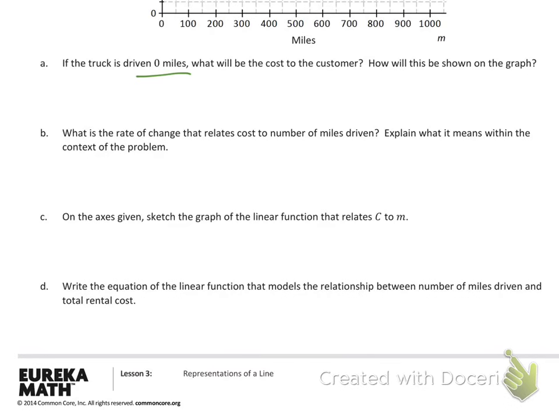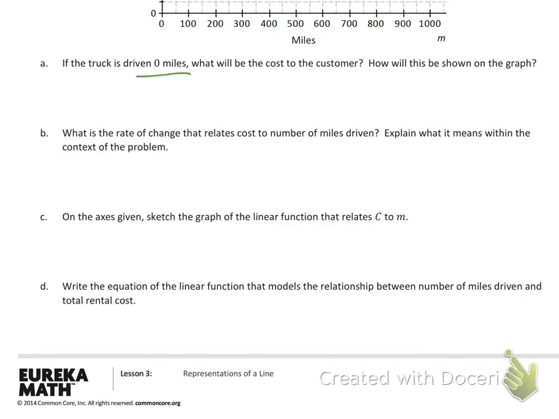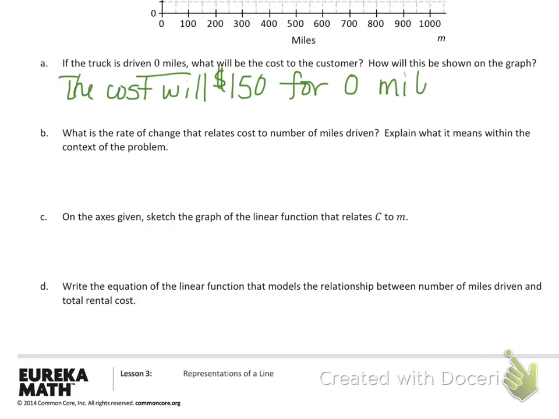So let's look back at the problem itself to find the initial value. So the truck rental company charges a $150 rental fee in addition to the 50 cents per mile. So if the truck is driven 0 miles, the cost will still be $150. The $150 rental fee will be charged even if they don't drive the truck.